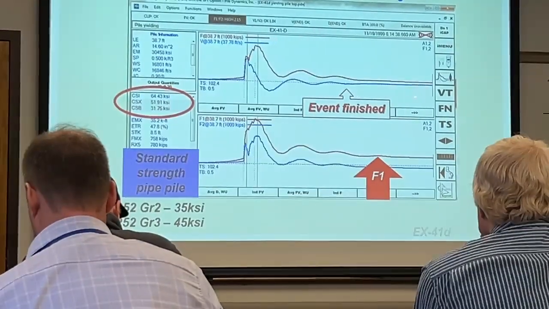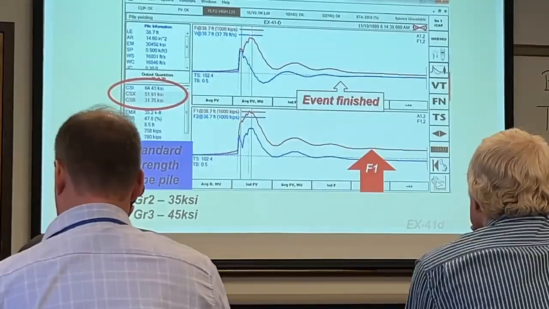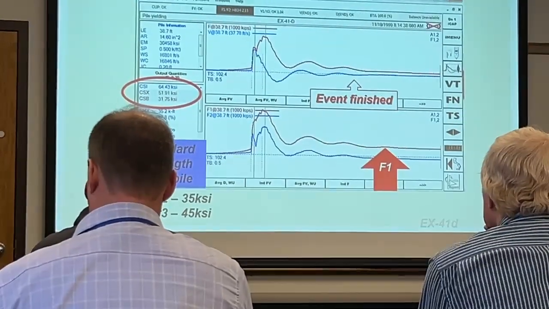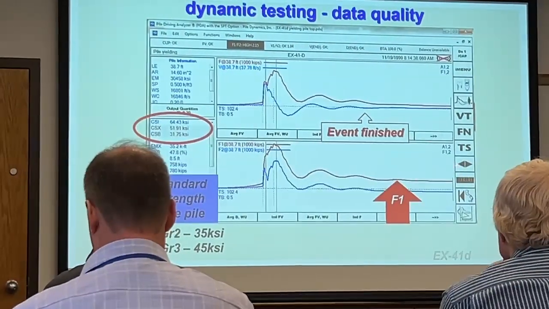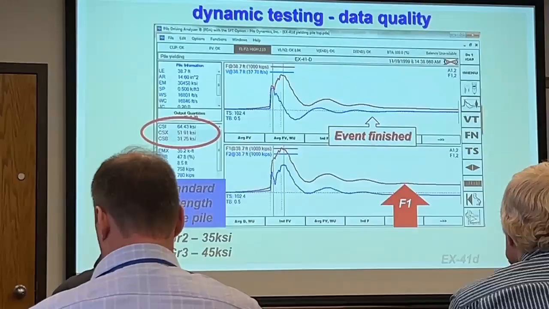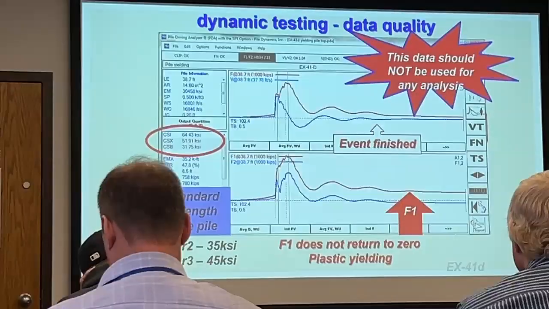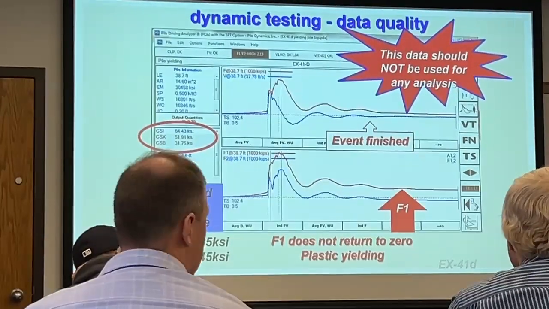Now, if this is 1,000 kips, so this peak force is probably on the order of 758 kips, and this is 10 or 12 kips, that's probably not so big a deal. But if it's 100, 200, 300 kips, then it's something that we worry about. And don't use data that doesn't return to zero on the force for the analysis.